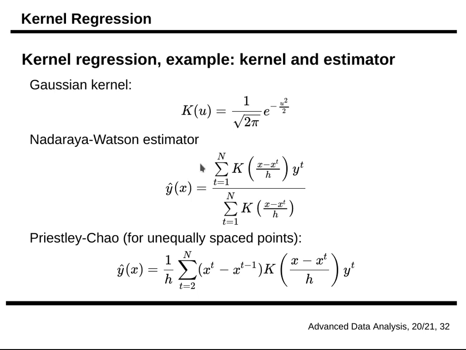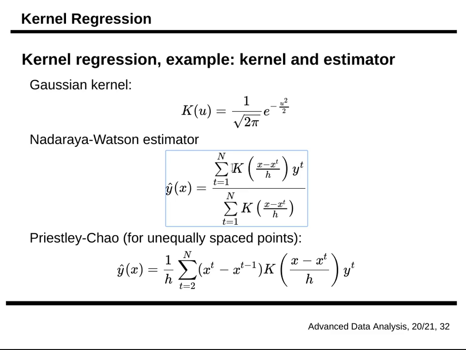So in this case, what this estimator does is, to estimate the value at point x, we iterate through all our data and call the kernel, giving as input to the kernel the difference between the x value of each point in our data and the value x at which we are trying to estimate the y value.